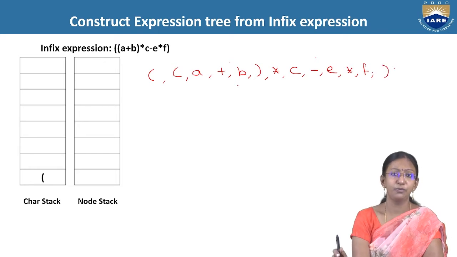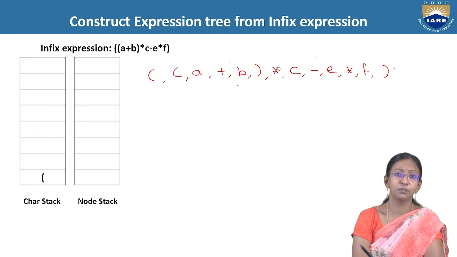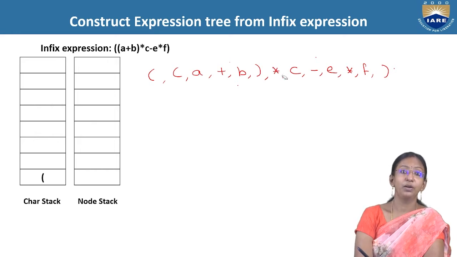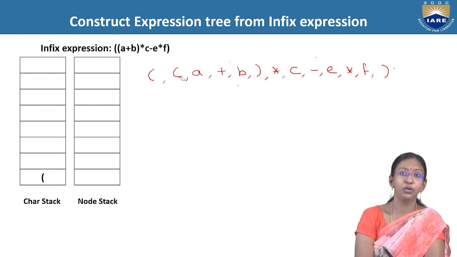This is the list of tokens in my hands. When we write a program for this, we are going to read the infix expression as a string, character by character. For that sake, I'm explaining it in this way.